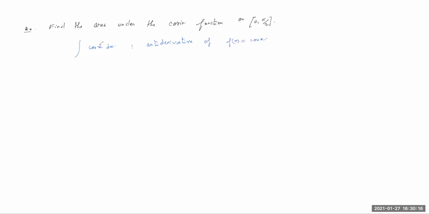Okay, this is what we learned. So be careful, the notations are very clear. So this is a function. Let's compute the antiderivative anyway, we'll need it. An antiderivative of cosine x: we look for the function that, when I differentiate it, gives me cosine x. Which function, when I differentiate it, gives me cosine x?